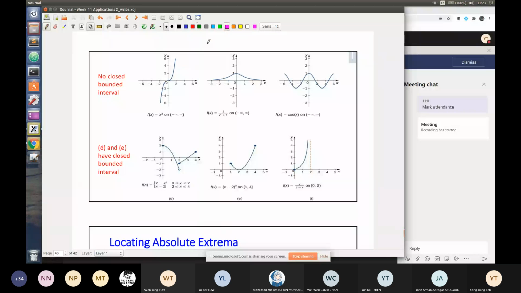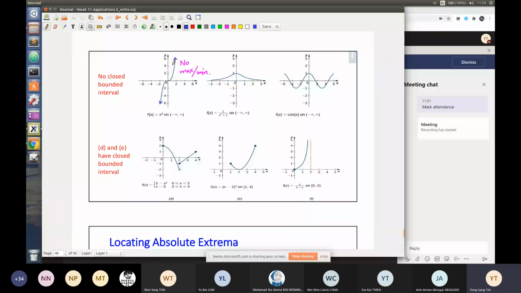No. No maximum or minimum, as we can see. This is minus infinity to infinity, which means this graph goes on to positive infinity, and this end goes to negative infinity. So clearly there is no global or absolute min or max. I think that's pretty clear.